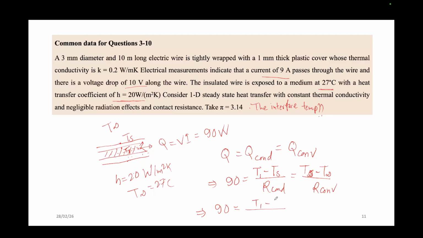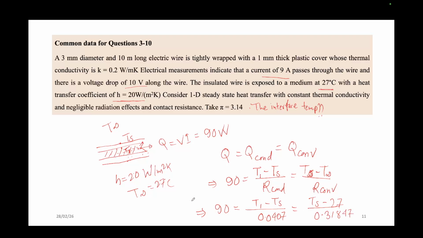R conduction, you know. What is R conduction? This is 0.0407. Already I have calculated this one. Similarly, we need T infinity, which is 27. R convection also we know, this is 0.31847.